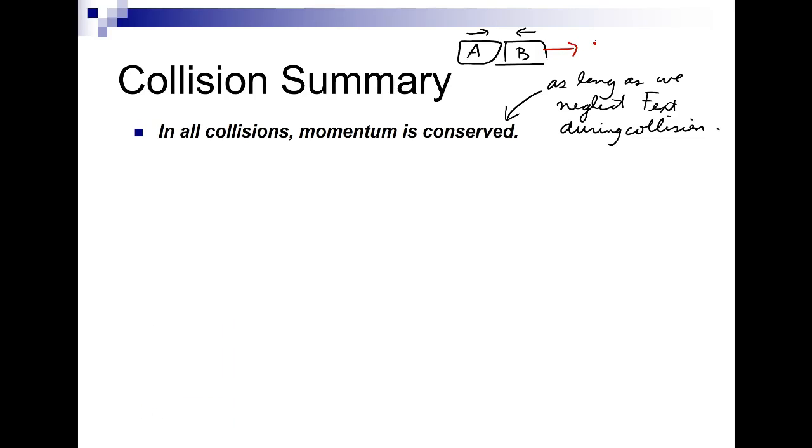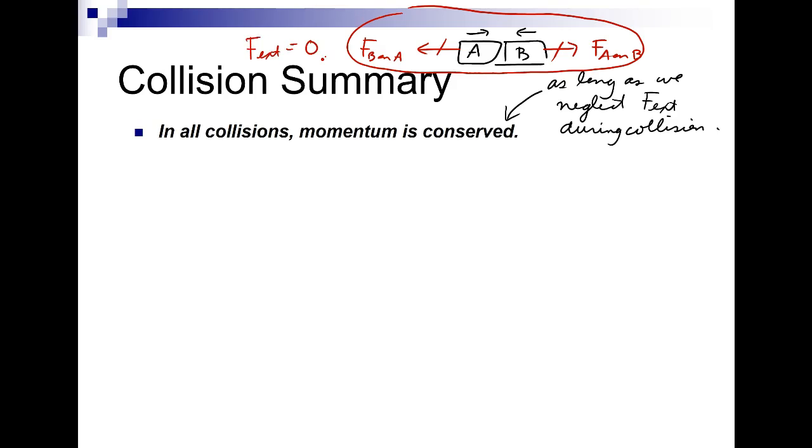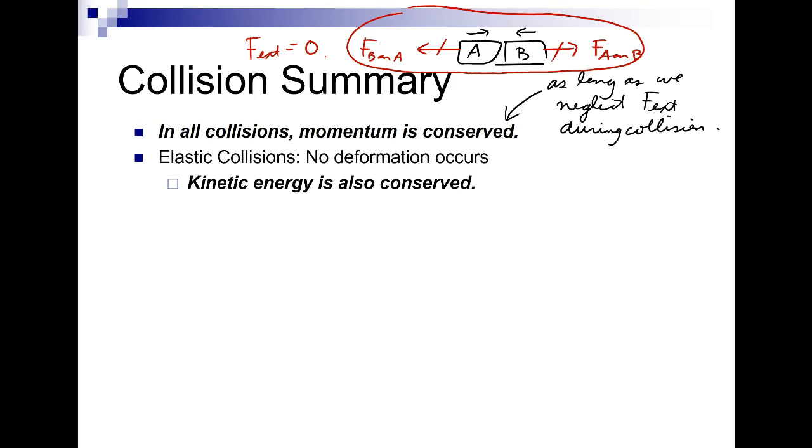There's going to be a force of A on B, and there'll also be a force of B on A. And this is Newton's third law. These are equal and opposite forces. But if I isolate the entire system, they cancel out, and the external or the net force on the system is zero. So this is how we can say that in all collisions, momentum is conserved.